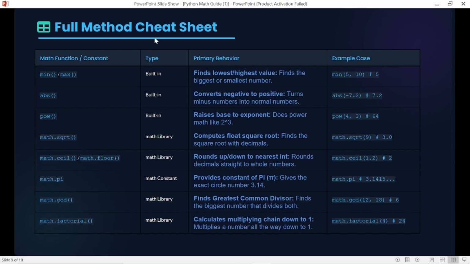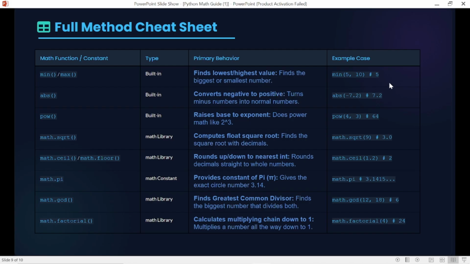Here is a full cheat sheet of the methods, as you can see. You can read it, and you can even revise all the methods from this. Let's conclude them. Min and max, a built-in function, used to find the lowest and highest value. In easy words, find the biggest or smallest number.